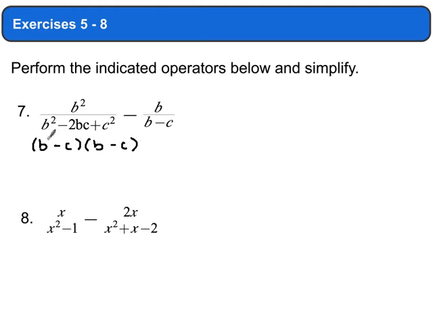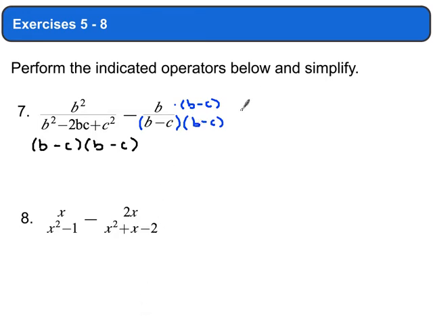So now look at this one. We have two b minus c's over here. We've only got one over here, right? This single b minus c. So to make common denominators, I need to multiply by another b minus c. And so what I do to the denominator, I have to do to the numerator as such.